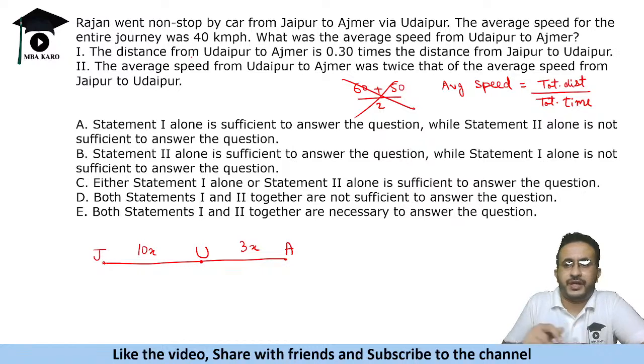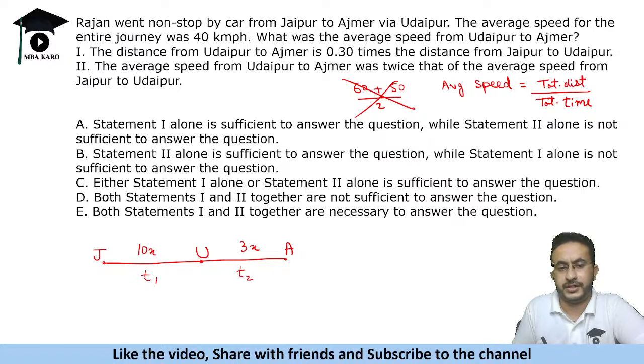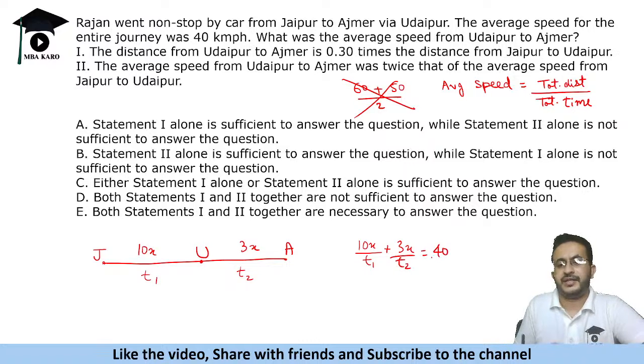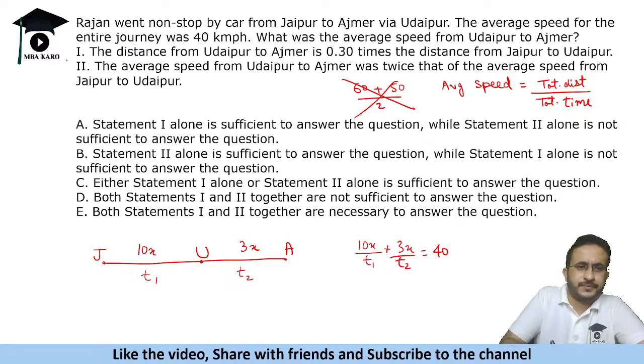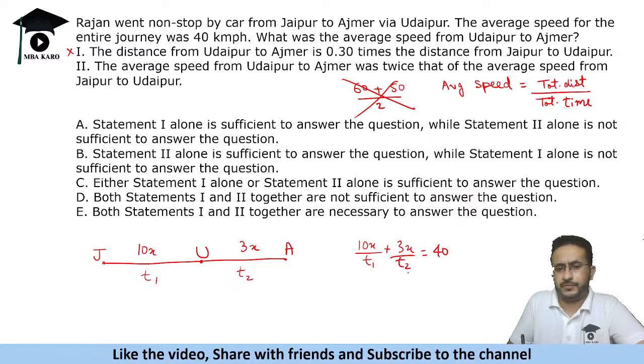What did I tell you? Average speed is total distance upon total time, right? Can we find the time from this? Let's say the time taken from here to here is t1 and from here to here is t2. So 10x upon t1 plus 3x upon t2 is equal to 40. Can we get the answer using this? No, we cannot, because we don't know t1 and t2.